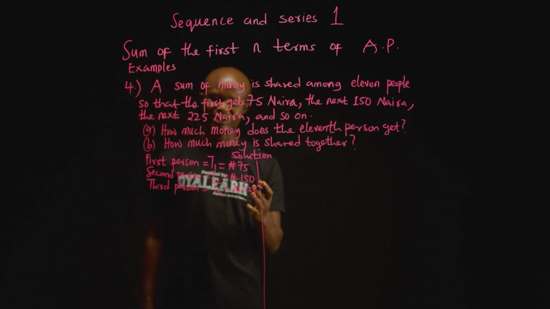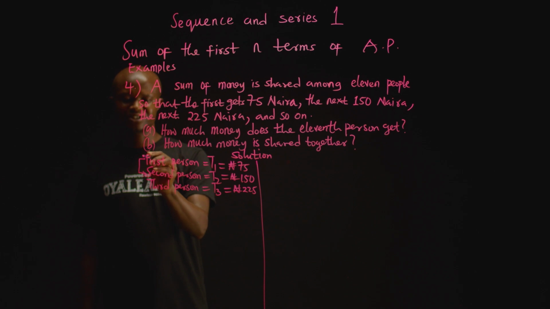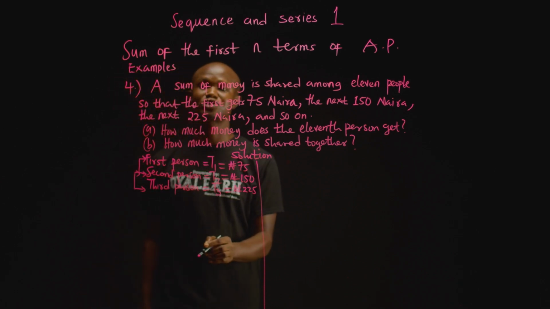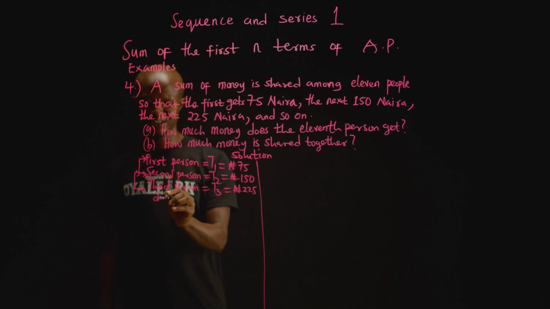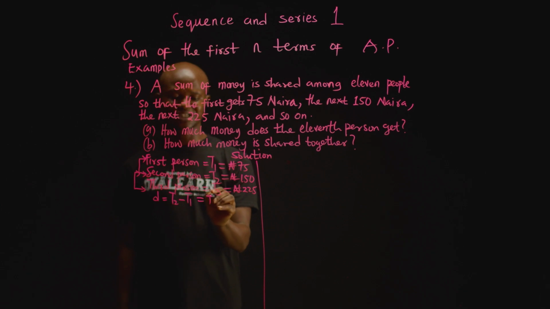Now, looking at what we have here, let's check the difference. Checking the first two, D equals T2 minus T1, and it must equal T3 minus T2.